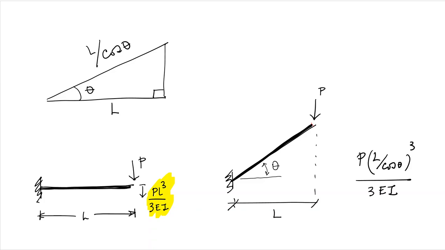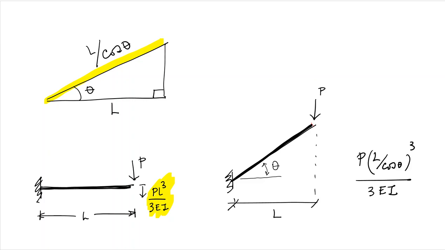And then you may say, well, if now this is inclined at a certain angle, the length is longer because now that length becomes L divided by cosine of theta.